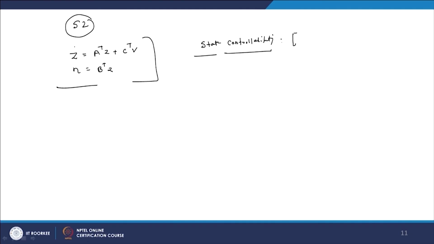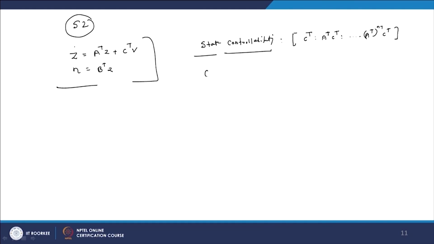So state controllability we can write as C transpose, A transpose C transpose, and so on.